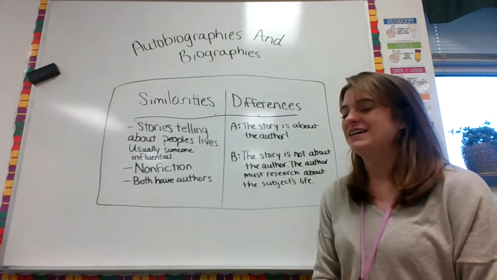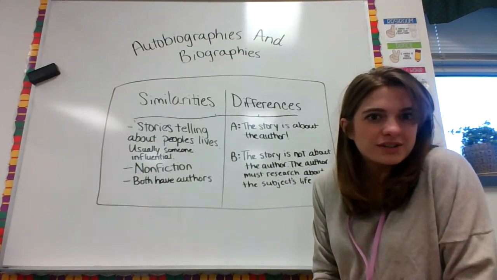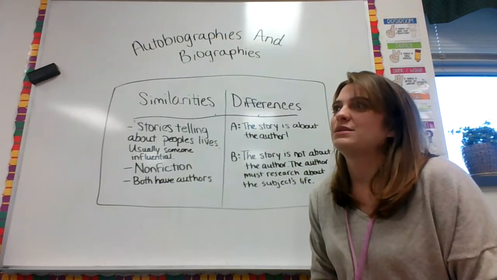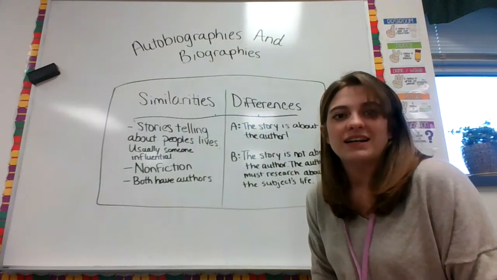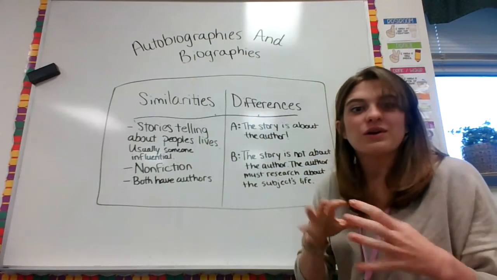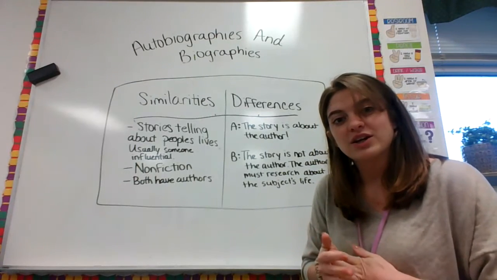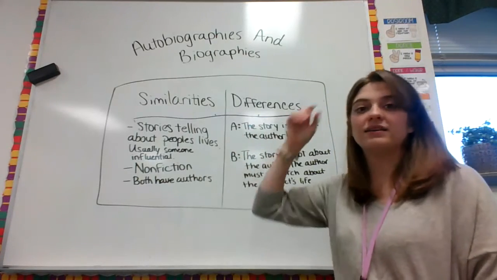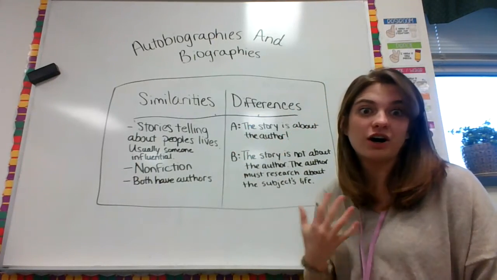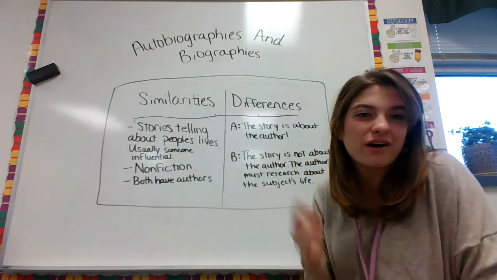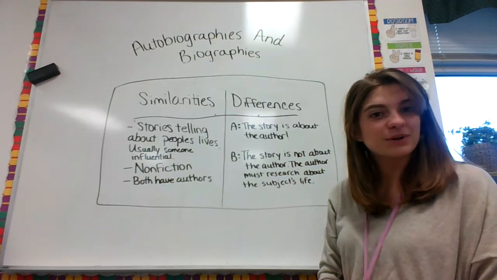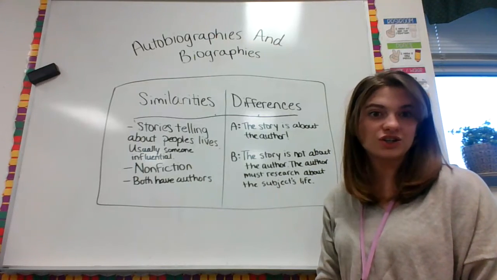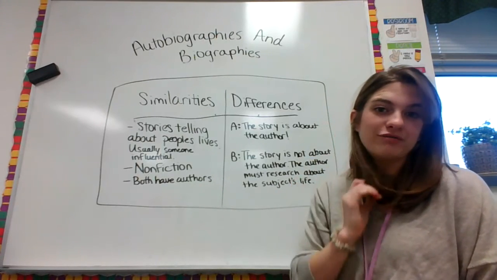You might dig into some of your old journals that are written by you, or look at some of the trophies that you won to find the date on them, so that you can make sure that the information that you're putting in is factual and true. But for the most part, in an autobiography, the author already knows all of their own thoughts and feelings, right? And their own experiences. So they're not going to have to do really as much research as someone who's writing a biography.